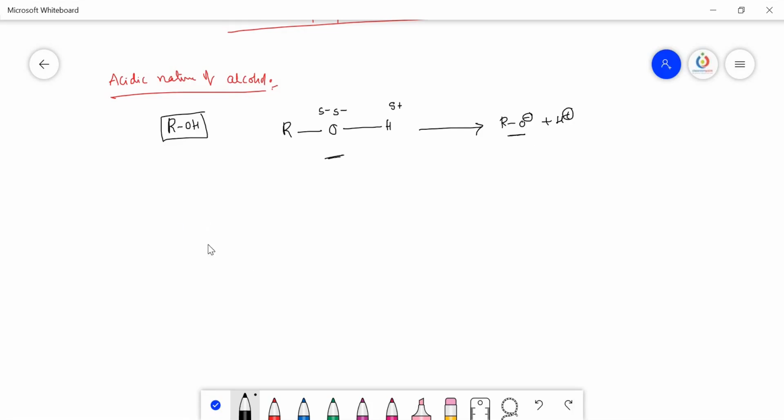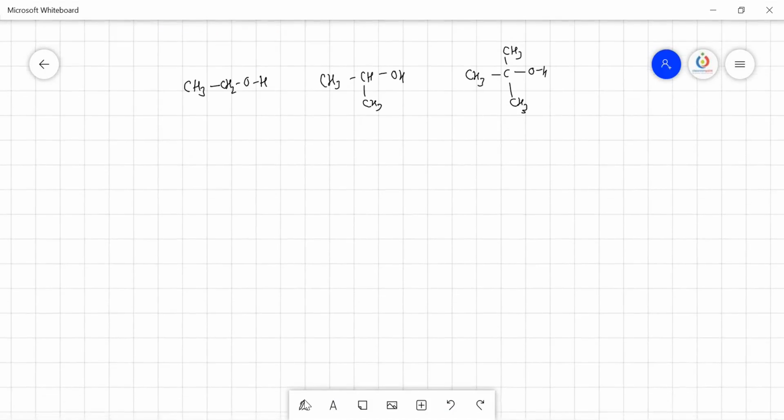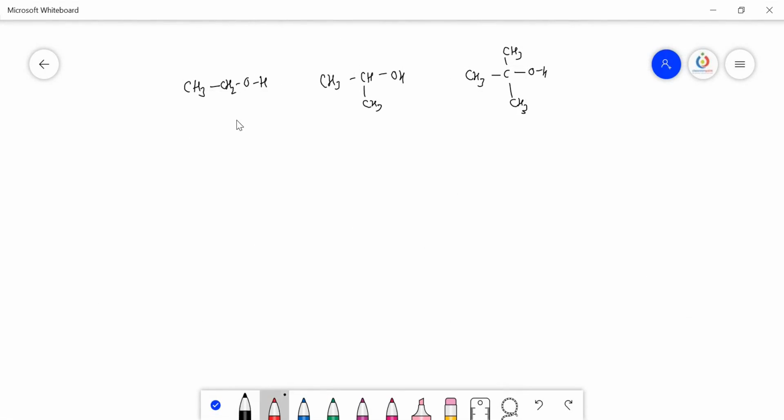So let us take the different alcohols here. CH3CH2OH, next CH3CHCH3OH, and CH3 C CH3 CH3 OH. We know that one is the primary alcohol, second one is the secondary alcohol, this is the tertiary alcohol.